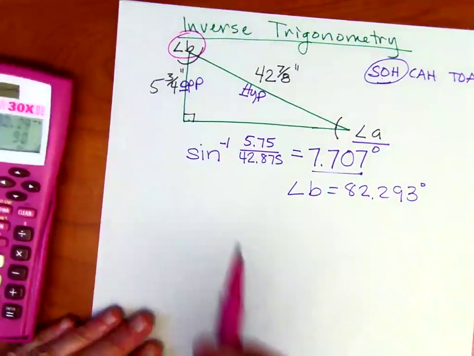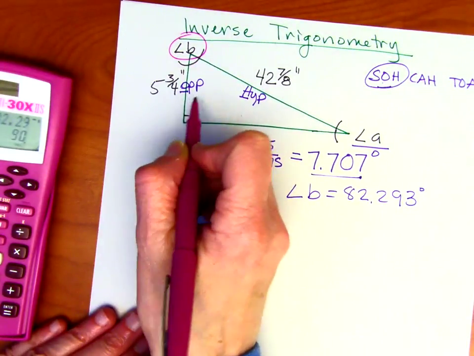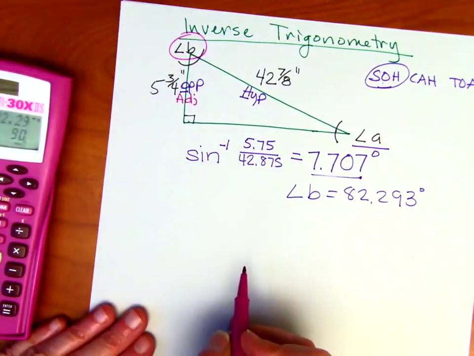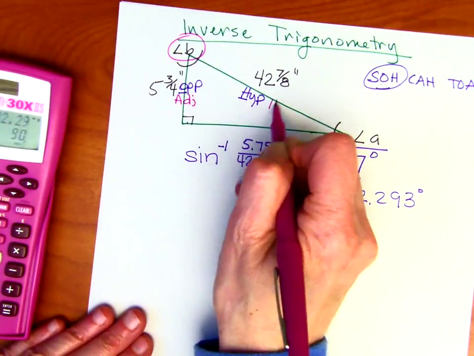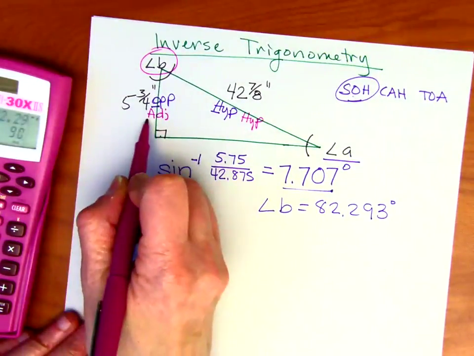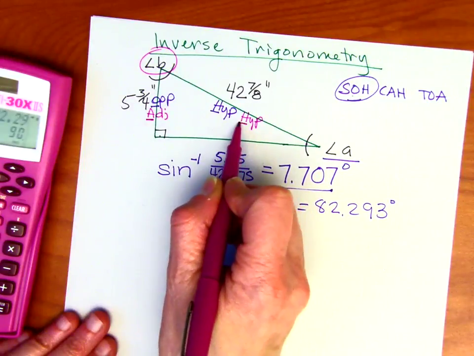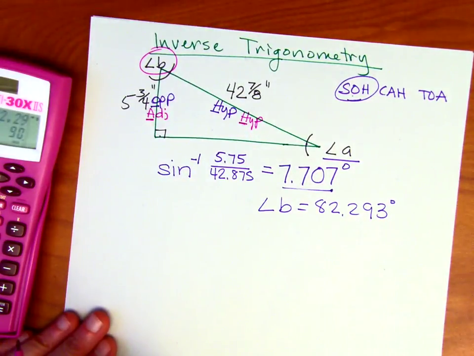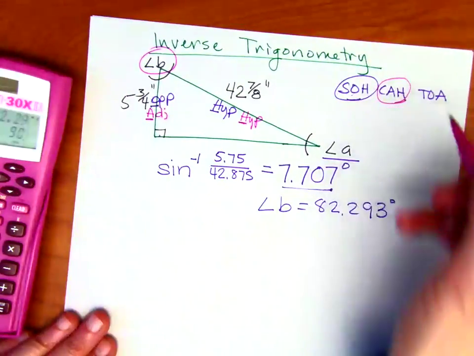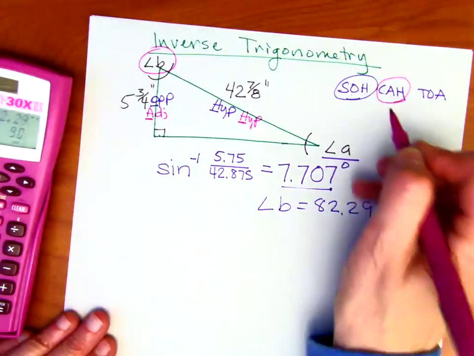Now this side here is not going to be opposite. Instead, it's going to be adjacent. And this side, of course, will still be the hypotenuse. So again, I want to pick a function that has both adjacent and hypotenuse. And if you look over here, it looks like cosine will have adjacent and hypotenuse.